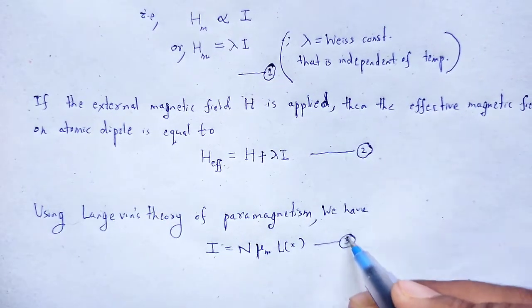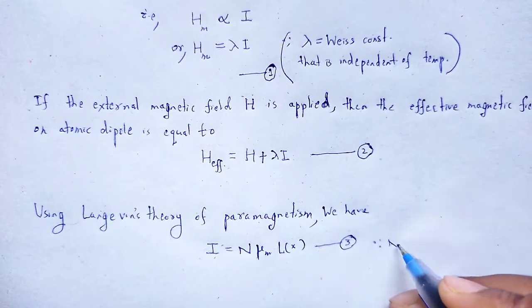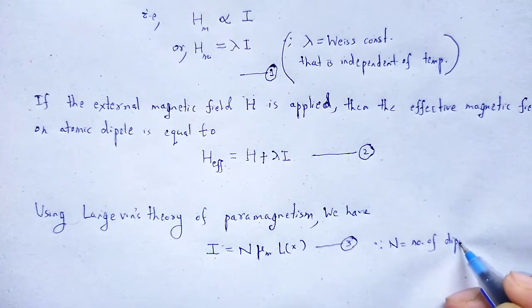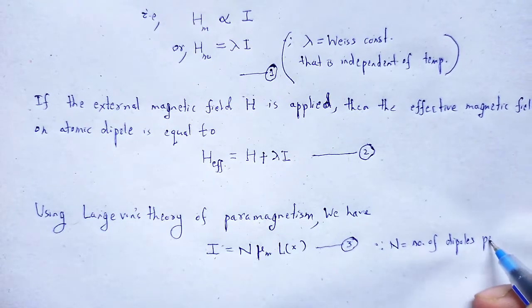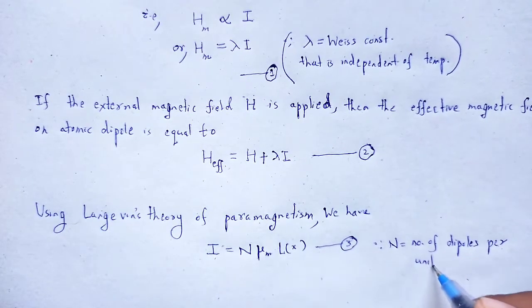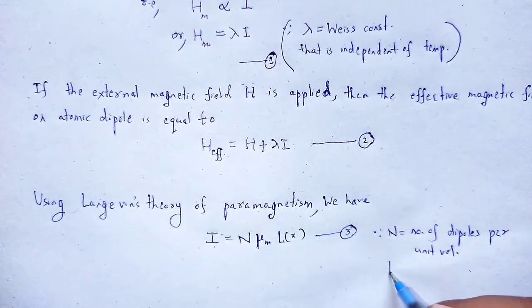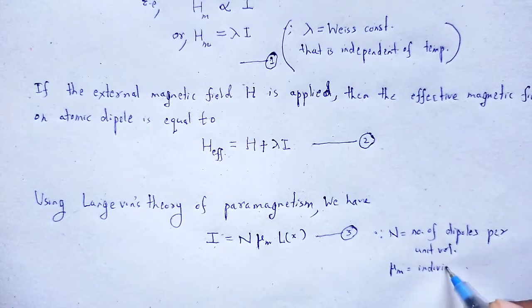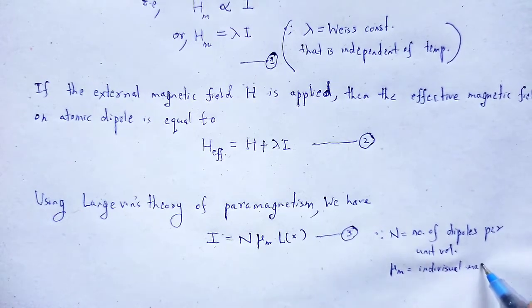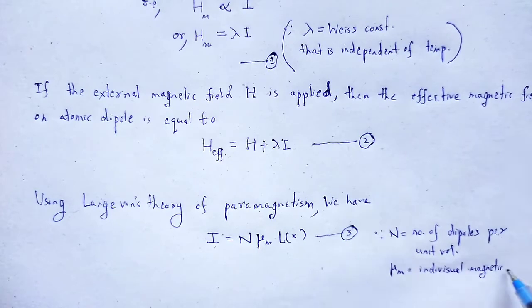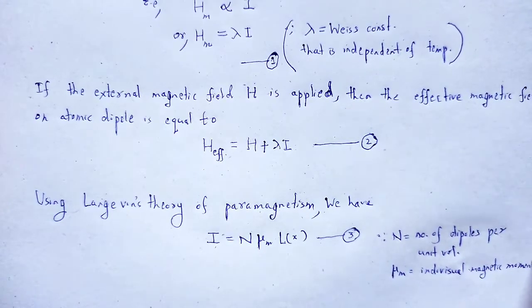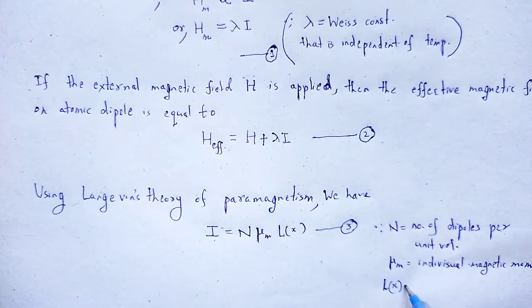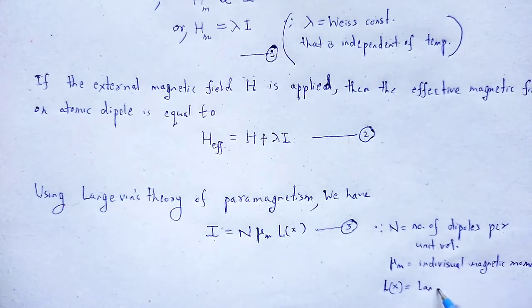Equation number 3, where N is the number of dipoles per unit volume, mu m is the individual magnetic moment, and L of x is Langevin's function.